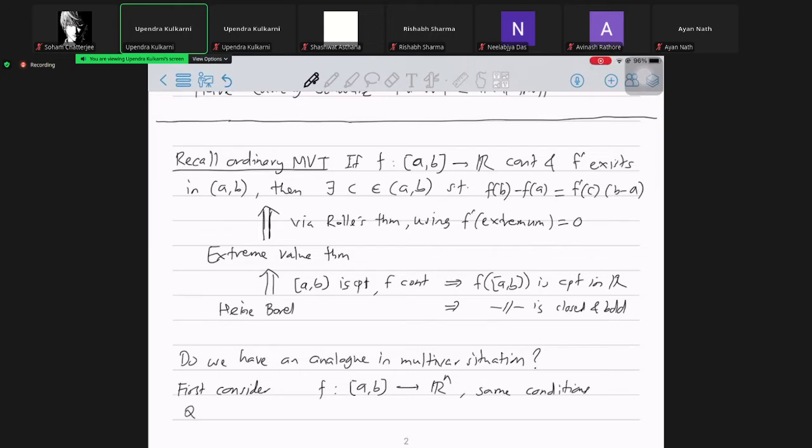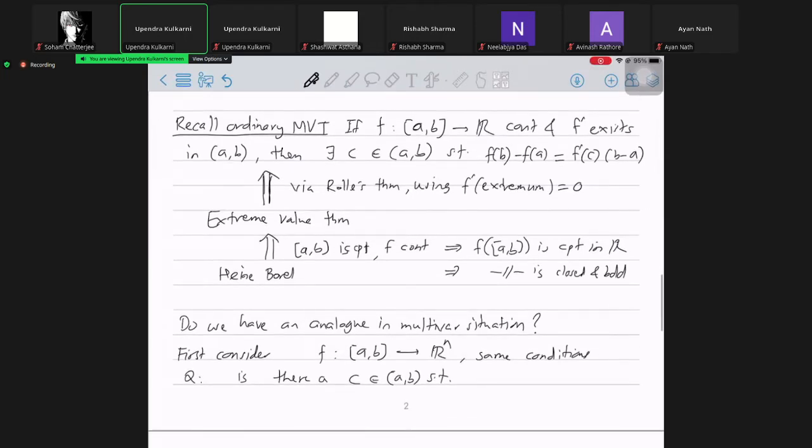So question, is there a C in AB such that, so what do we want?